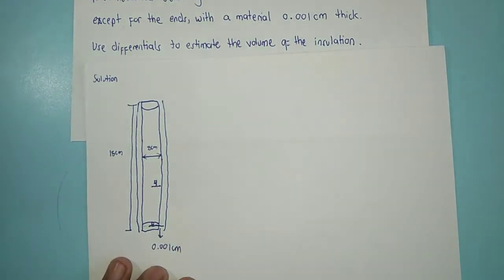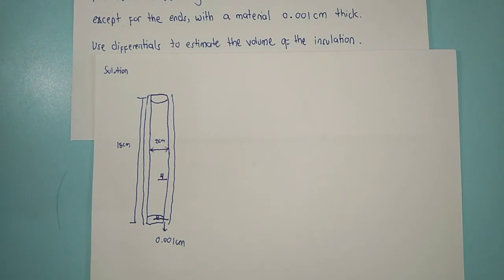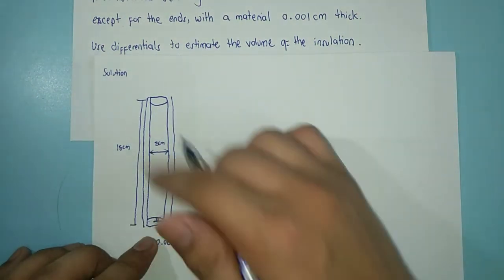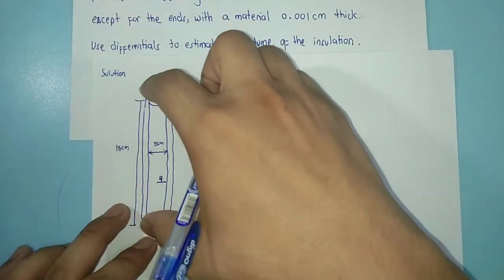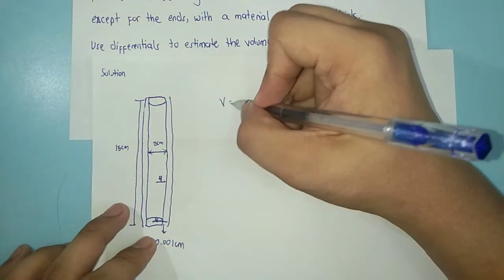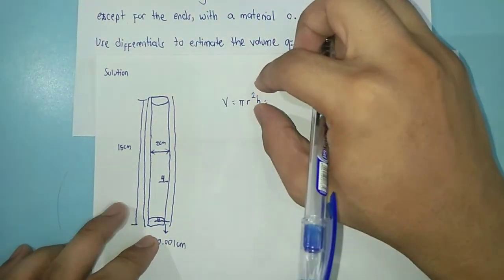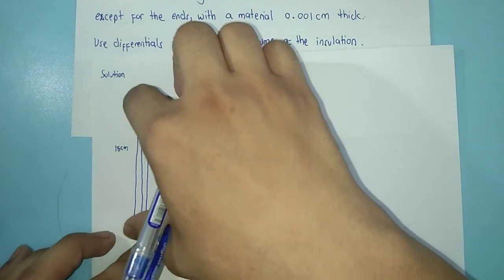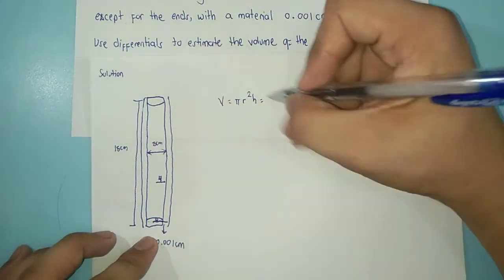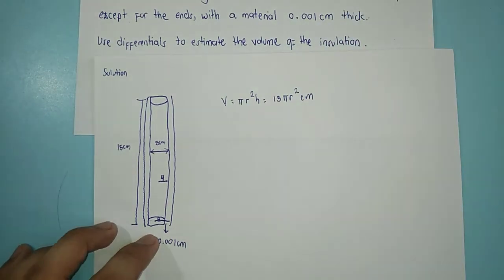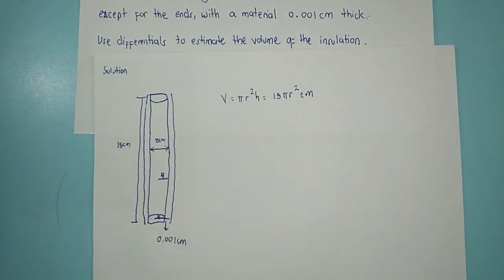So magre-remain lang yung 15 centimeters. So meaning, yung magiging volume ng metal rod natin, since cylinder siya, will be pi r squared h, which is yung length na 15 cm. So 15 pi r squared cubic centimeters. So yan yung volume.